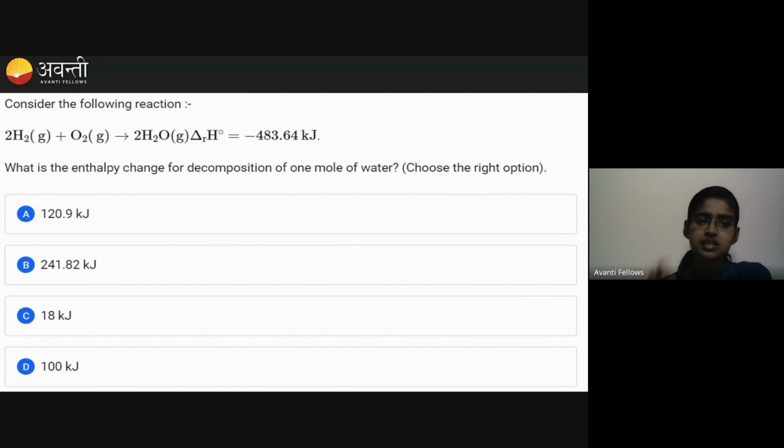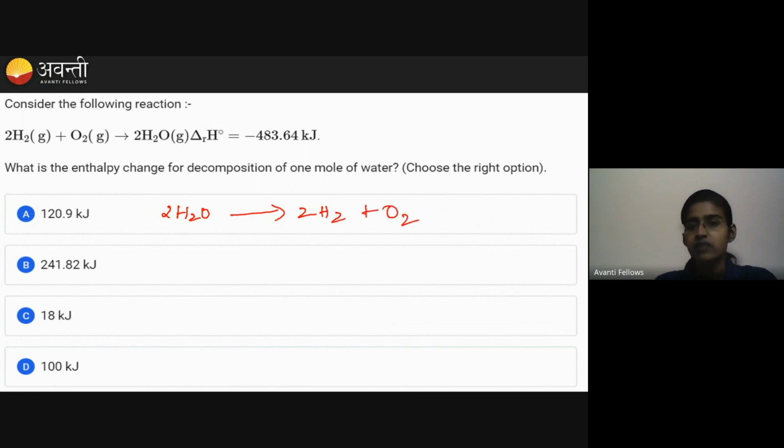What is the enthalpy change for decomposition of 1 mole of water? So what do I have to do? First, I have to reverse this equation, because water is getting decomposed. So 2H2O giving 2H2 plus O2.